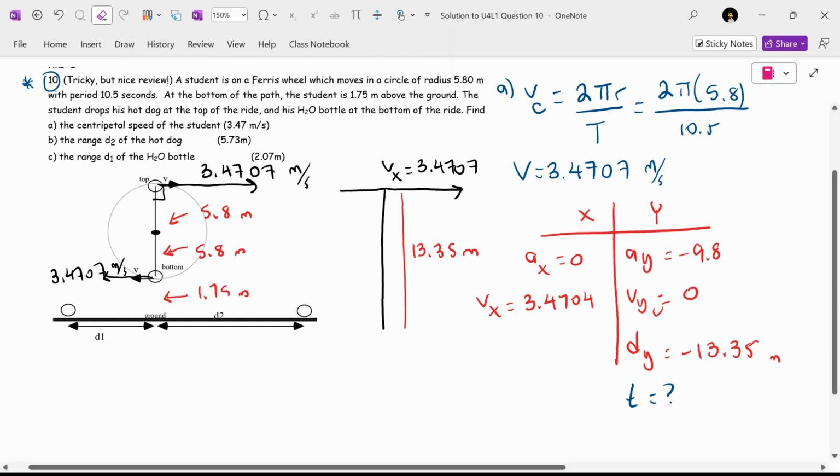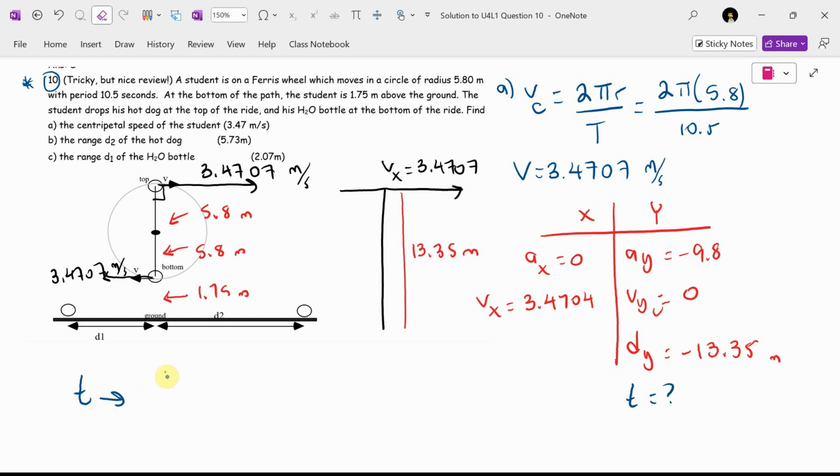I can find time. I'll find time vertically. How will I find time? I'll go dy equals vy t plus a half a t squared. Oh, vy is 0, so vy t is 0. It's just going to be a y t squared over 2. This is nice because Vi is 0. I don't have to pull out the full quadratic formula.